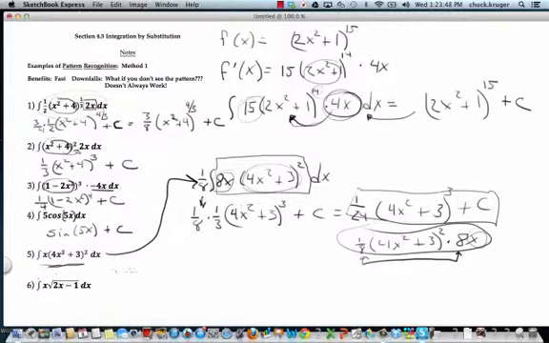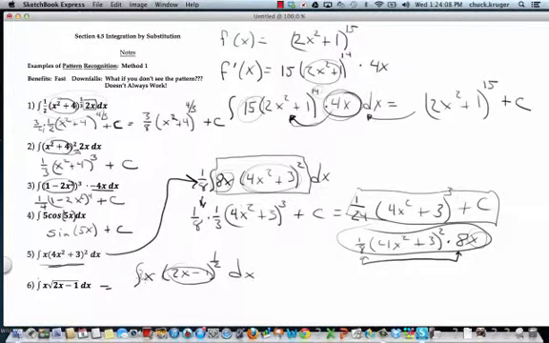Alright, now I'm going to do the same thing here. I'm going to first rewrite this, and I'm going to have 2x minus 1 raised to the 1/2 power dx. Here's what's inside parentheses. Its derivative is 2, and nowhere here do I have a 2.